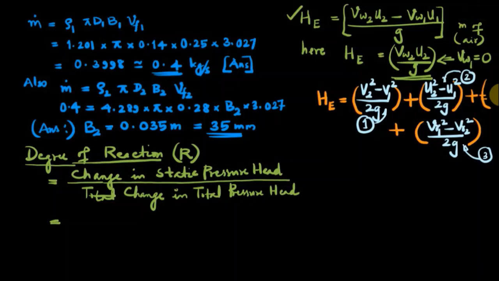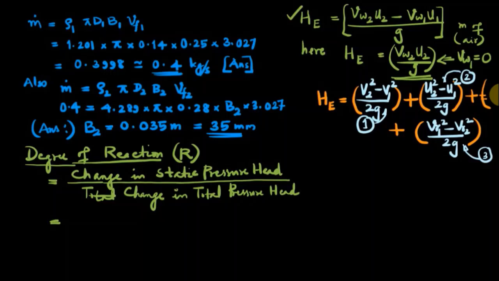The first term implies change in dynamic pressure head and representing the impulse action. And the other two, or rather you call it energy transfer. The first term represents the energy transfer or change in dynamic pressure head, and terms 2 and 3 are representing the change in static pressure head.